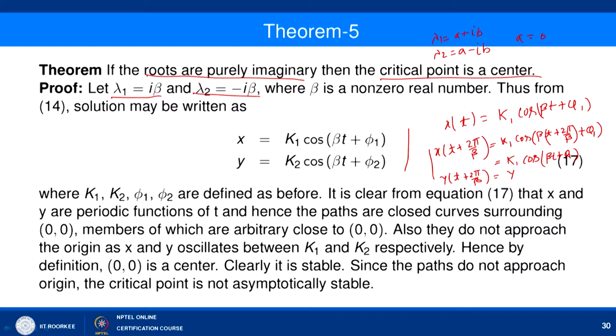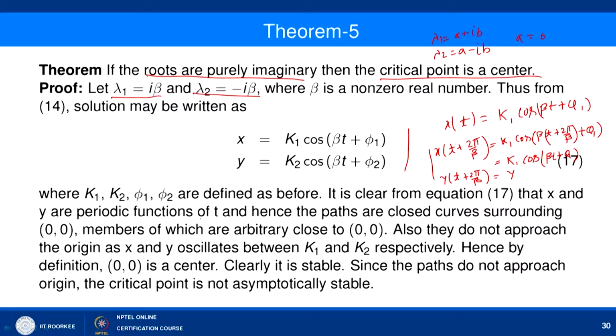So, it means that there exists a capital T such that x of (t plus T) is equal to x of t and y of (t plus T) is equal to y of t. So, it means that the minimum of such possible T's will give you the period of this solution x and y here.